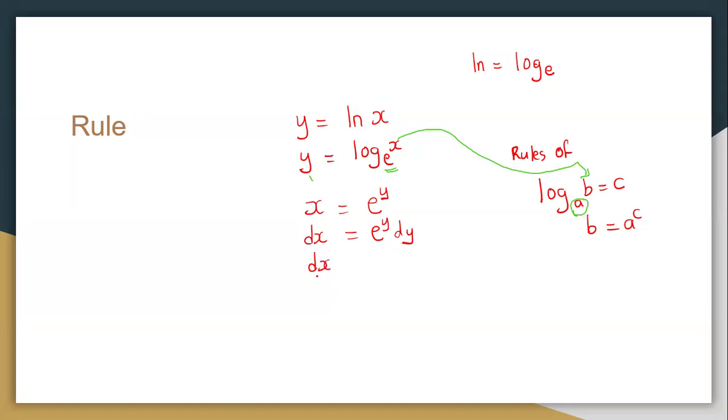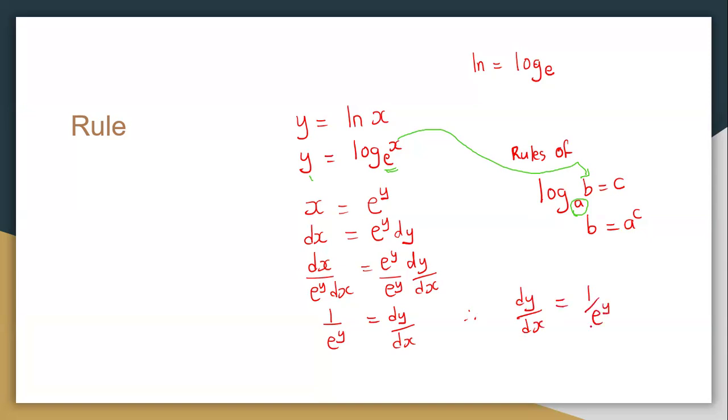So here I can have dx out of dx, equaling to e^y out of dx, dy out of dx. So this side I remain with 1 out of e^y equaling to dy dx. And therefore it means that our dy dx will equal 1 out of e power y.